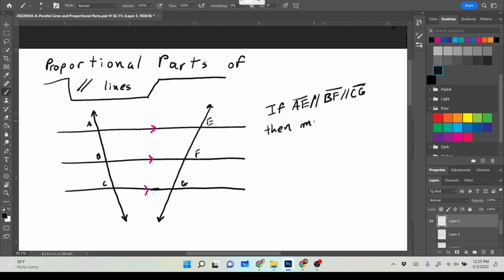The measure of AB over the measure of BC equals the measure of EF over the measure of FG.